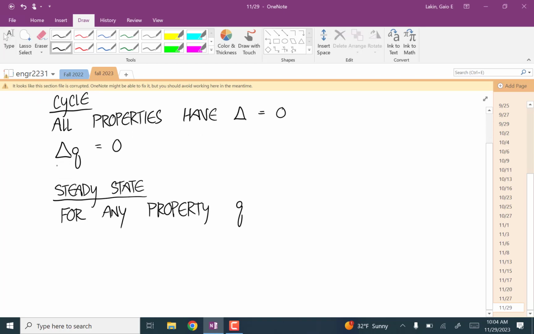It's like a stronger thing than a cycle. So the delta Q is equal to 0 still, and also the time derivative of that property is always equal to 0. So we use that with dm dt. We use it for dE dt. Anytime you're taking a time derivative of a property and you're in steady state, it's equal to 0. Okay?